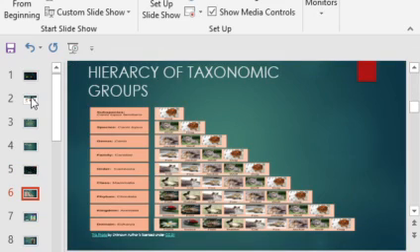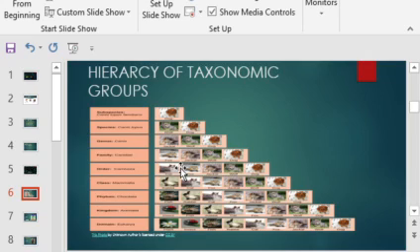Alright, so we have here a diagram of the hierarchy of taxonomic groups, and if you are able to see this diagram clearly, you will realize that the grouping begins at domain, then goes on to kingdom, phylum, class, order, family, genus, species, subspecies.